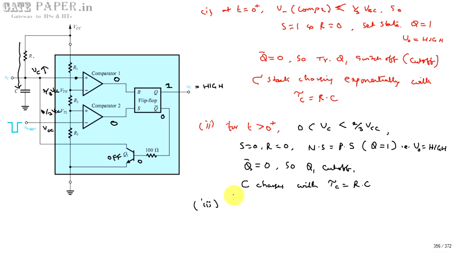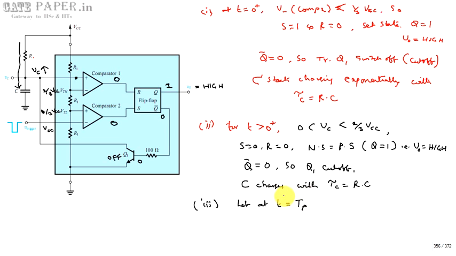After some amount of time, from 0 onwards where we are starting, let t be equal to Tp, the pulse width duration. Let t be equal to capital T, or simply capital T you can go with.